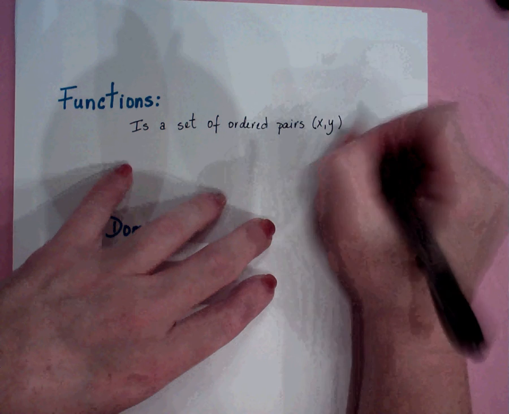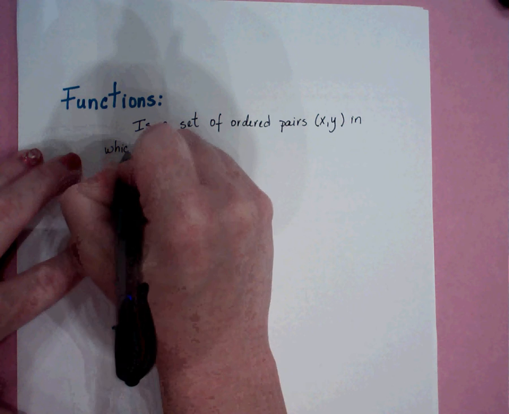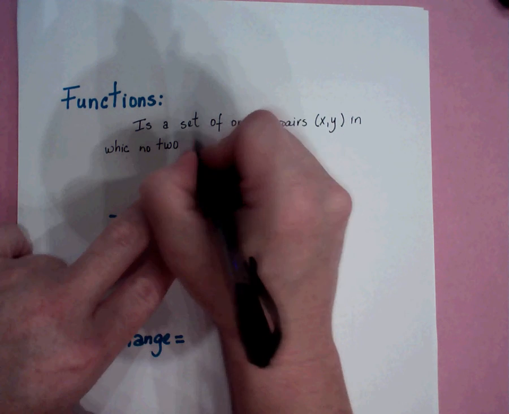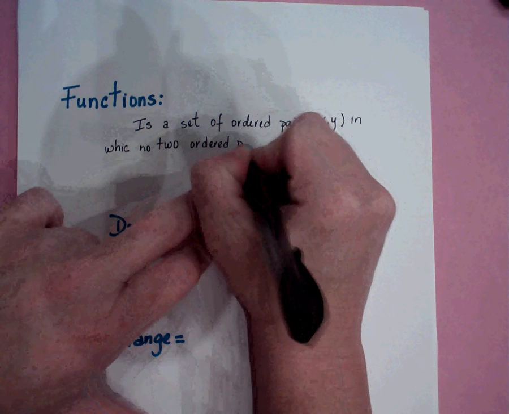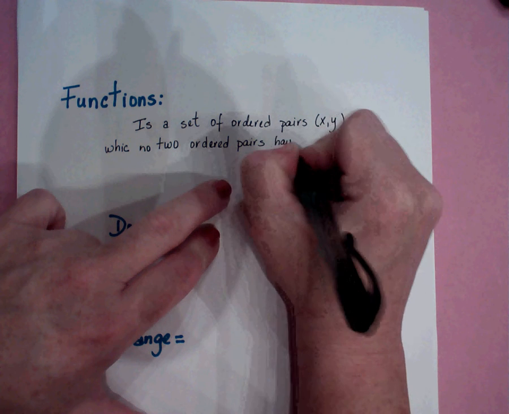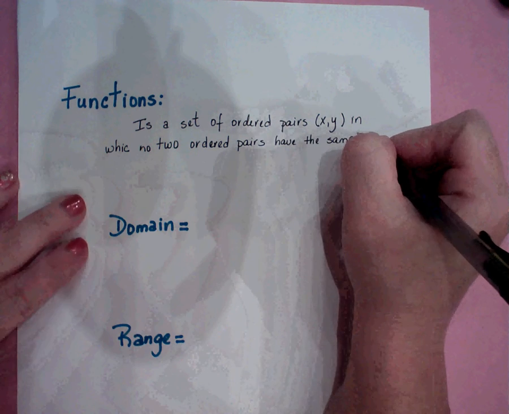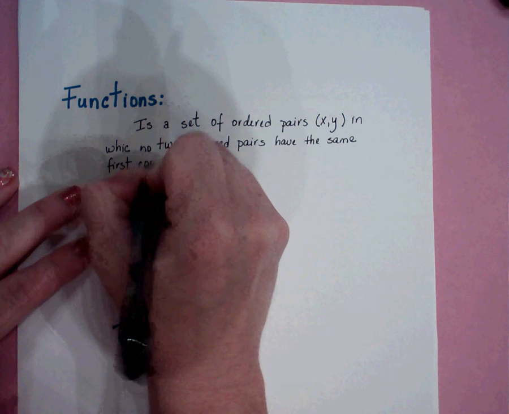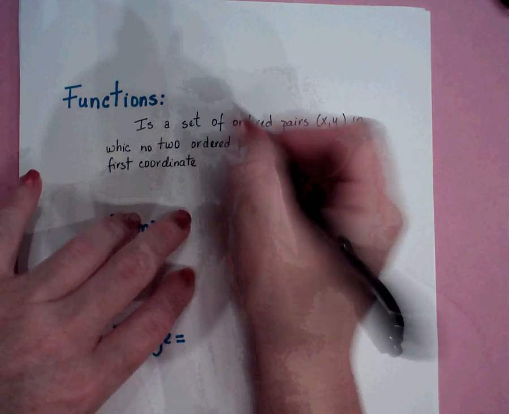So these are ordered pairs in which no two ordered pairs have the same first coordinate and different second coordinates.